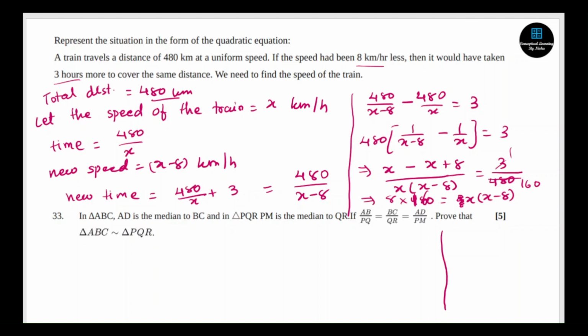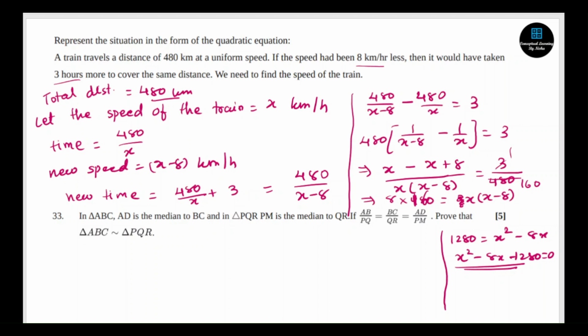Here we'll get 1280 equals x square minus 8x. So the quadratic equation becomes x square minus 8x minus 1280 equals 0. This is the quadratic equation we got, and then you can factorize this and find the answer. So again I am leaving this to you. You have to factorize this and write the answer in the comment box.